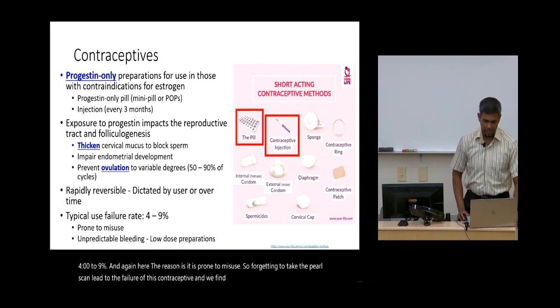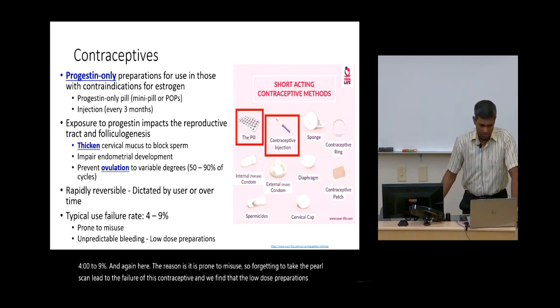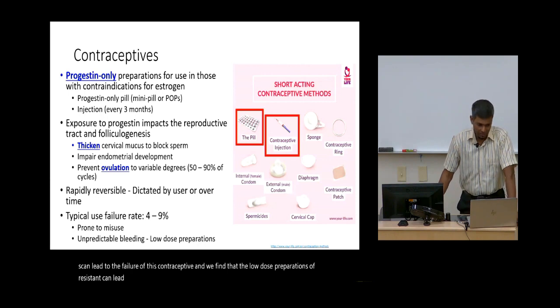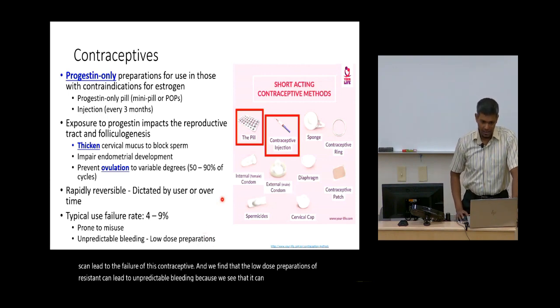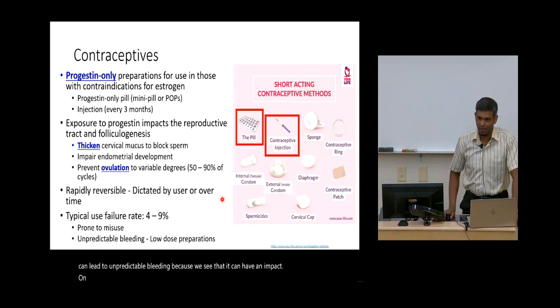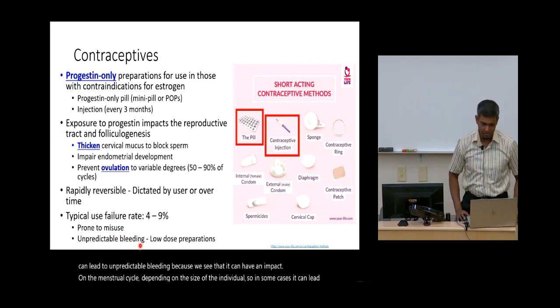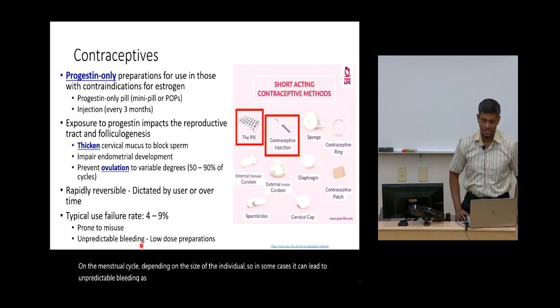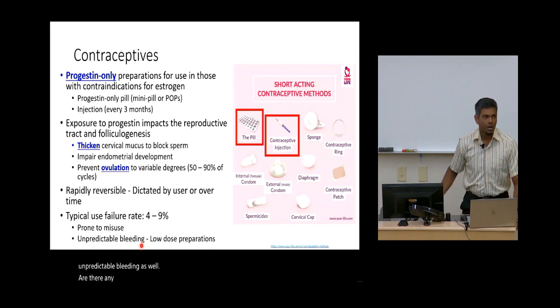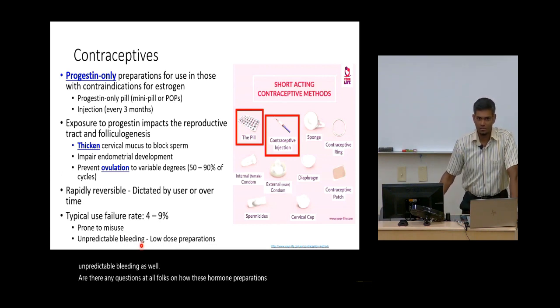And we find that the low dose preparations of progesterone can lead to unpredictable bleeding, because it can have an impact on the menstrual cycle depending on the size of the individual. So in some cases it can lead to unpredictable bleeding as well. Are there any questions at all, folks, on how these hormone preparations prevent pregnancies?